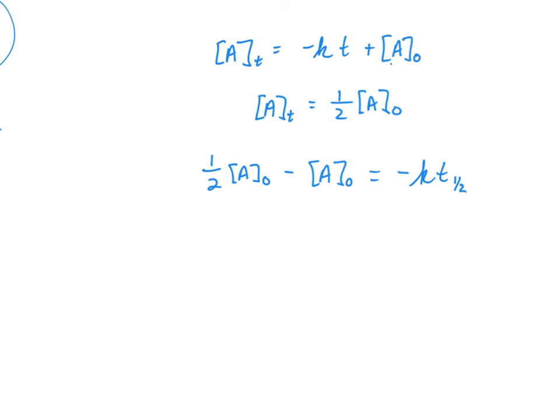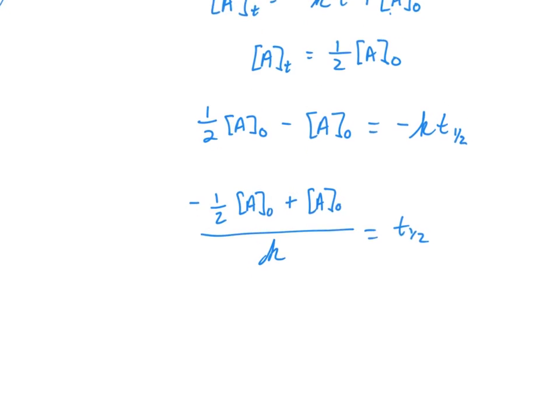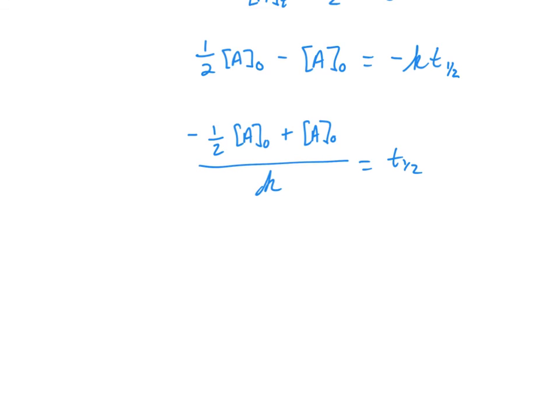I'm also going to divide both sides by minus K. And so we'll have minus 1/2 A at time 0 plus A at time 0, divided by K, equals T 1/2. And so we can actually say that there's a fraction in front of this A at time 0, which is 2/2.